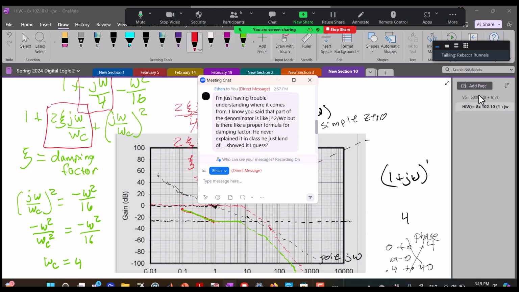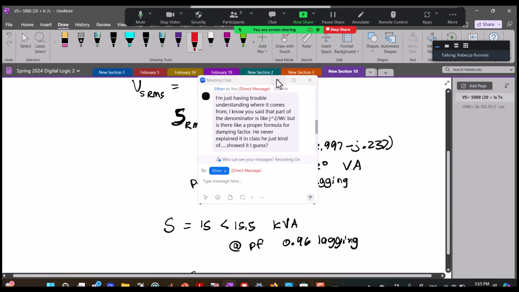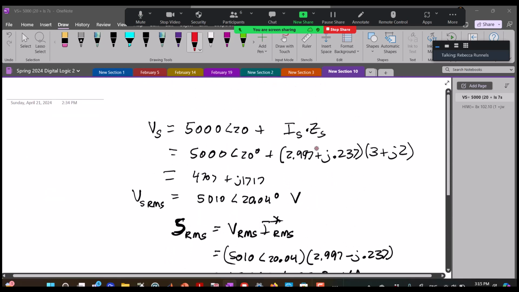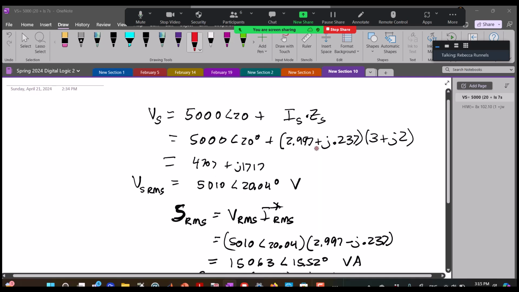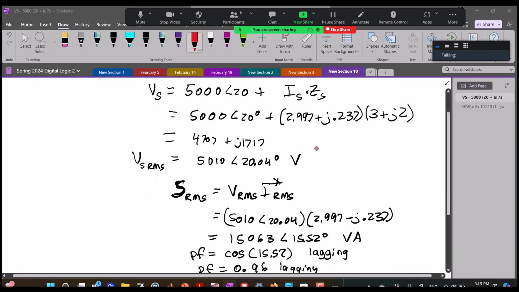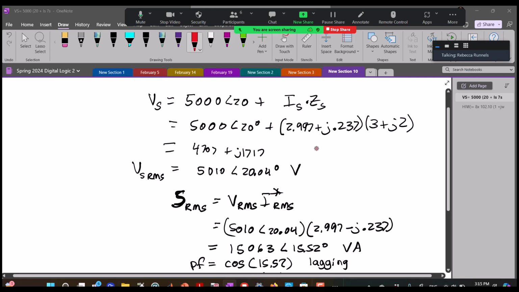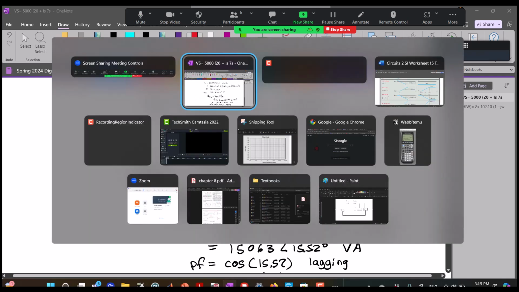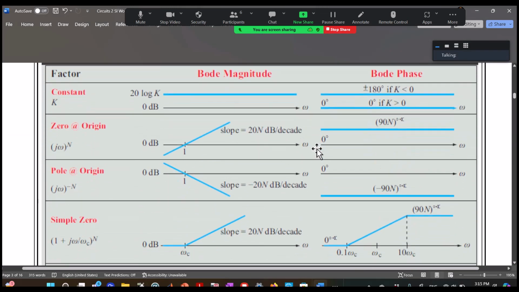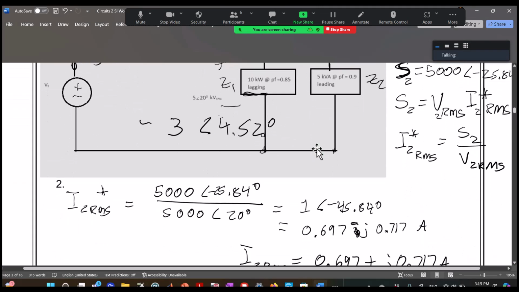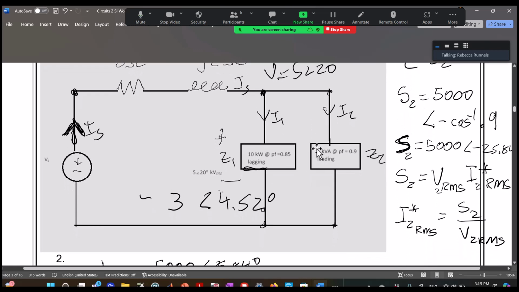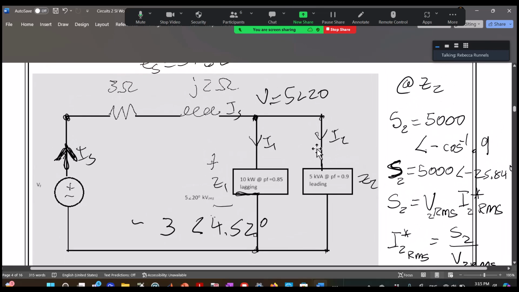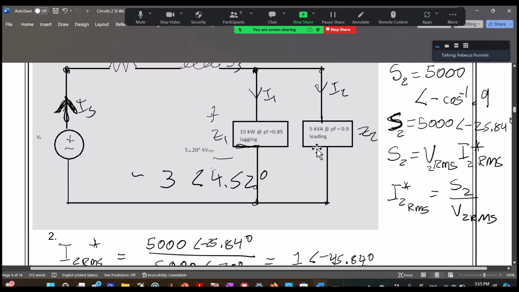But going back, this first question, we're talking about angles. If you look at how I did Z2, I included all the angles, and I got my answer with an angle.